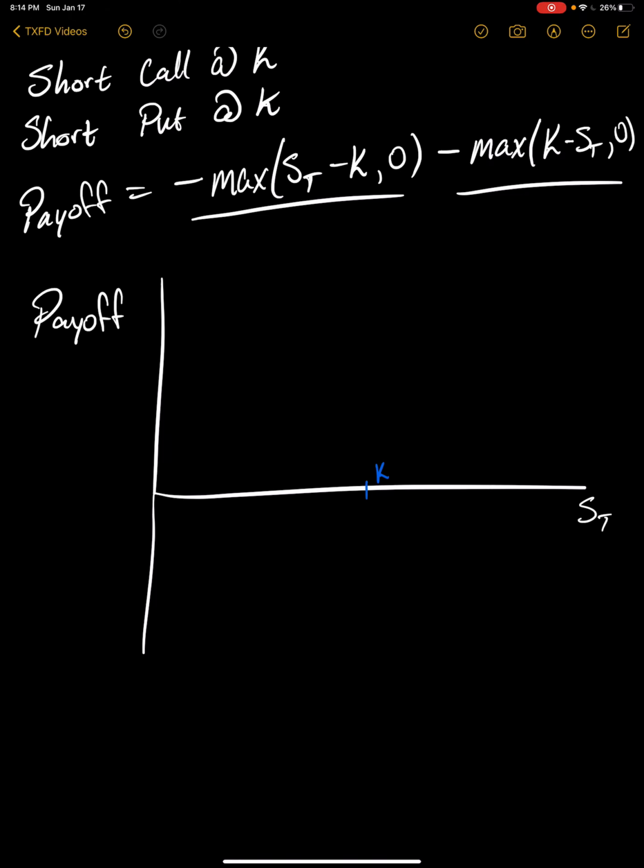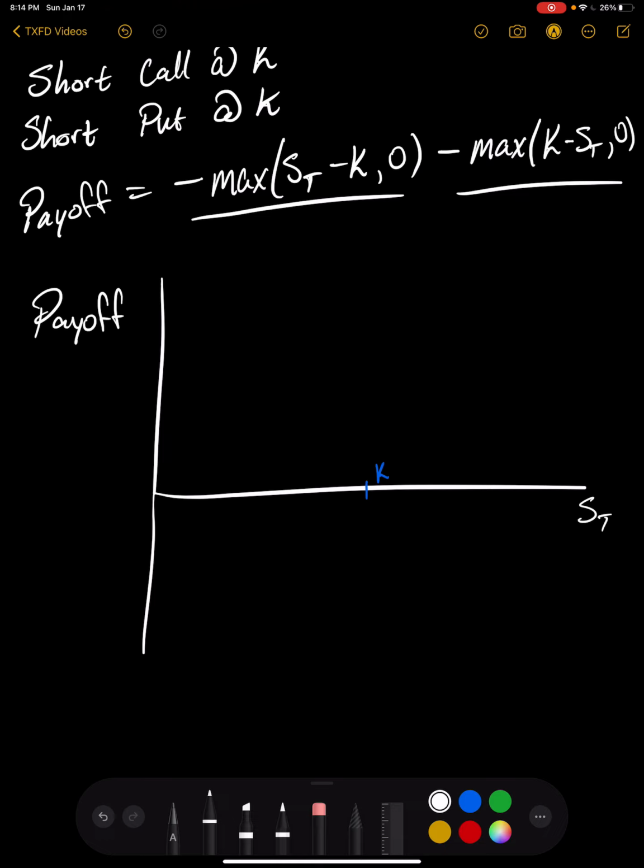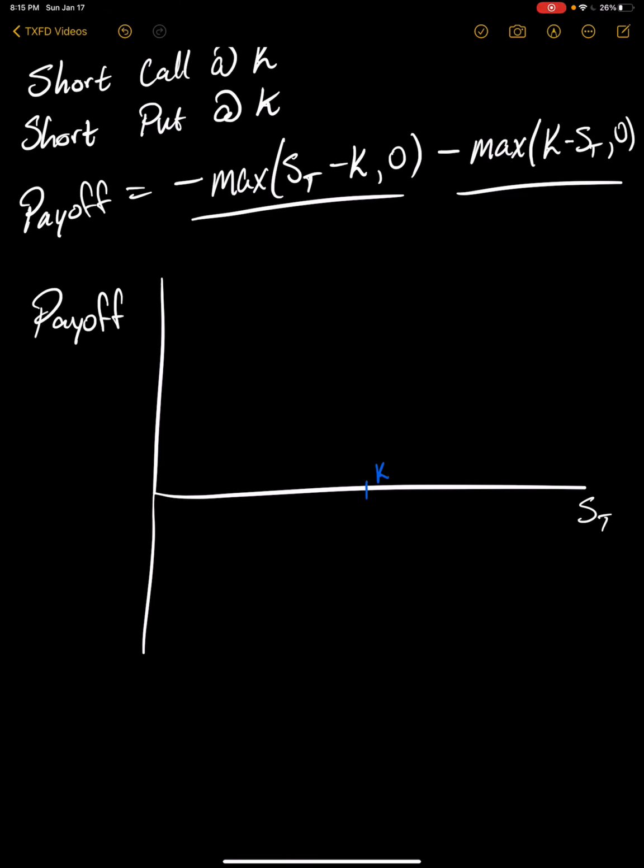Let's partition the space in the stock price first before we do anything else. So when the stock price is less than or equal to K, we pay out the put. So that's going to be K minus stock price. And when the stock price is greater than K, we're paying out on the call.